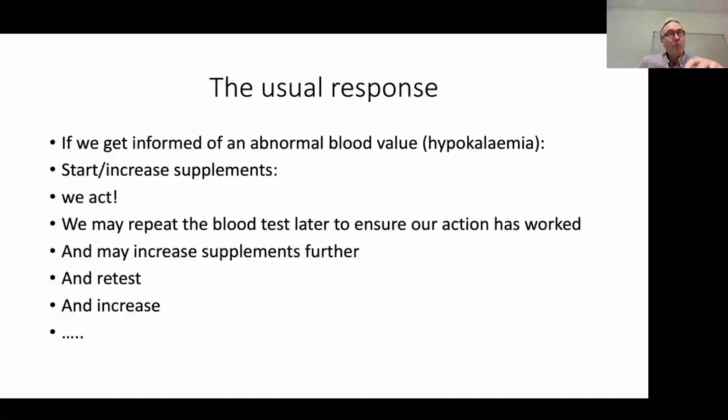And the usual problem that we have is that we get these abnormal values, we start or increase supplements, we act, we are rescuing the patient, we're treating the patients, we may repeat the blood test later to ensure our action has worked, and then because it's still low, because they still have the salt wasting disorder, they're still losing the potassium in the urine, you increase the supplements, but it's still low because you're just making the urine more expensive because it's all lost in the urine, and you retest, and then you have this escalating spiral of ever increasing doses, just like it happened in this boy.